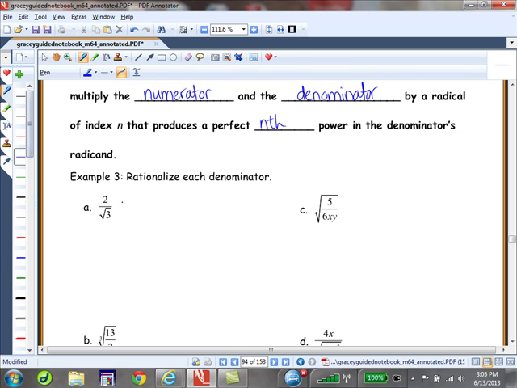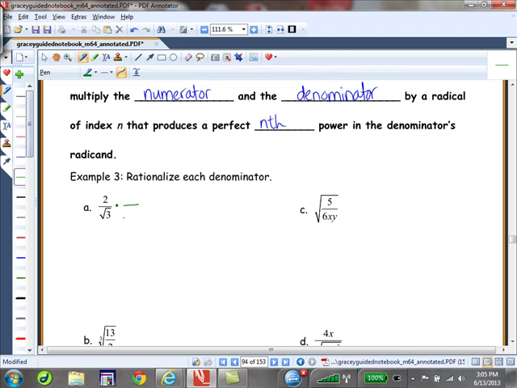Now, we have to think to ourselves, let me do this in green. We need to think to ourselves, okay, what will yield a perfect square? Because the index on here is 2, so we need a perfect square. So we have 3 to the 1.